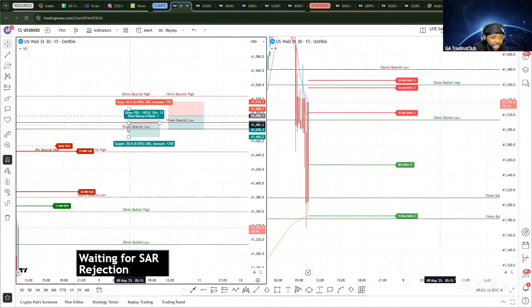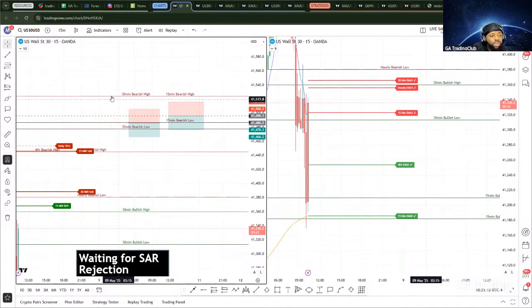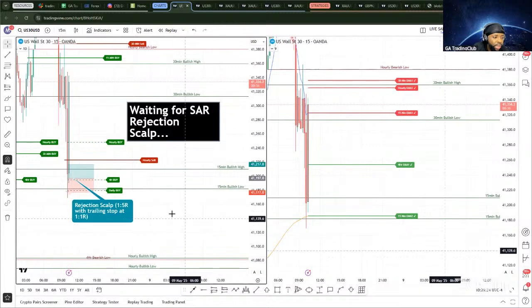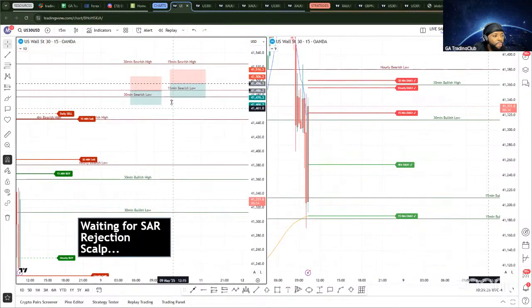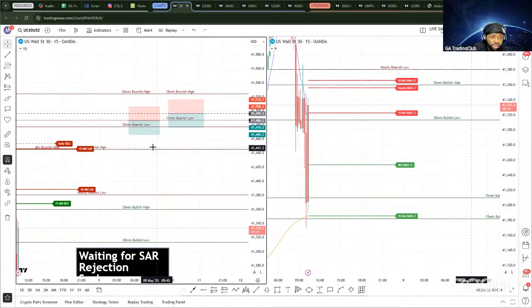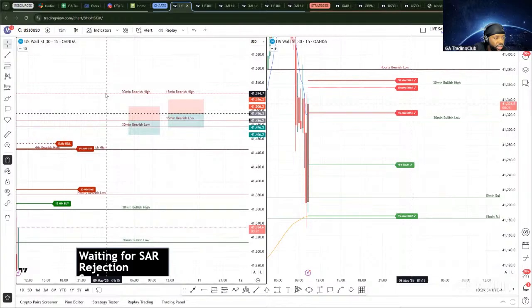So especially here where the order blocks are so close to each other, it can be a sense of what happened, like what we just saw for this SAR rejection scalp, that you might win one, lose one, or win two, lose one, or lose two and win one, where you're just in a pattern of break even.